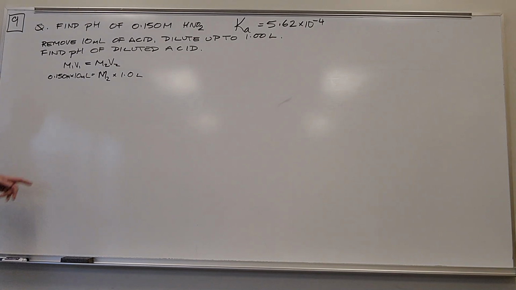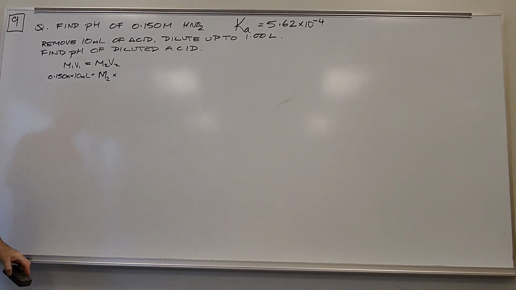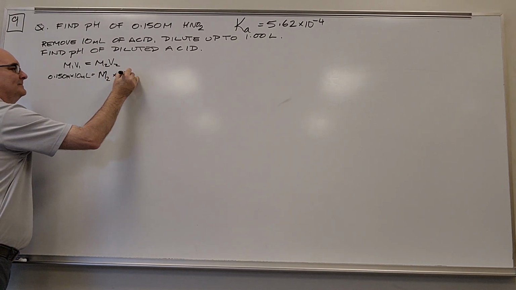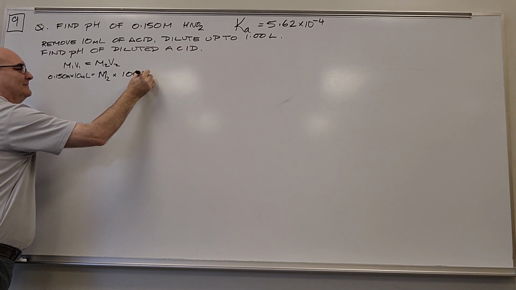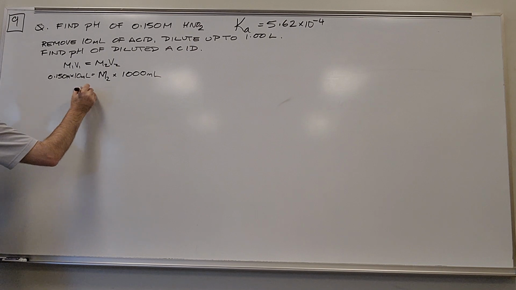No. These are in different units. Can't use M1V1 equals M2V2 with different units. So I either need to turn liters into milliliters or milliliters into liters. How many milliliters are in a liter? 1,000.